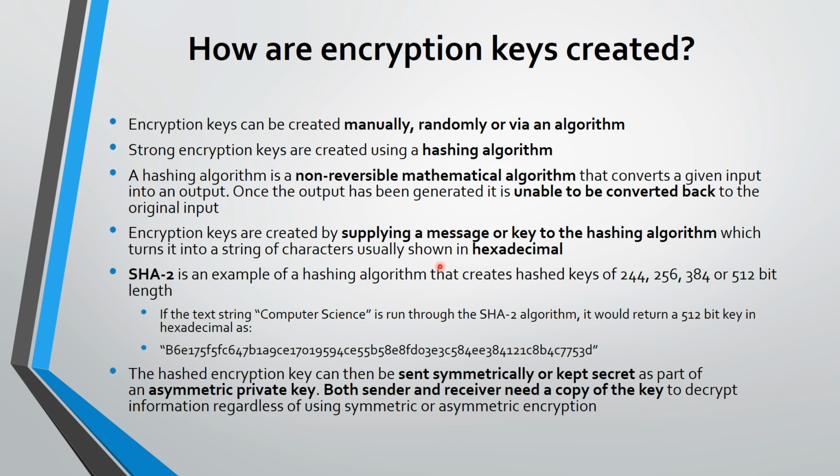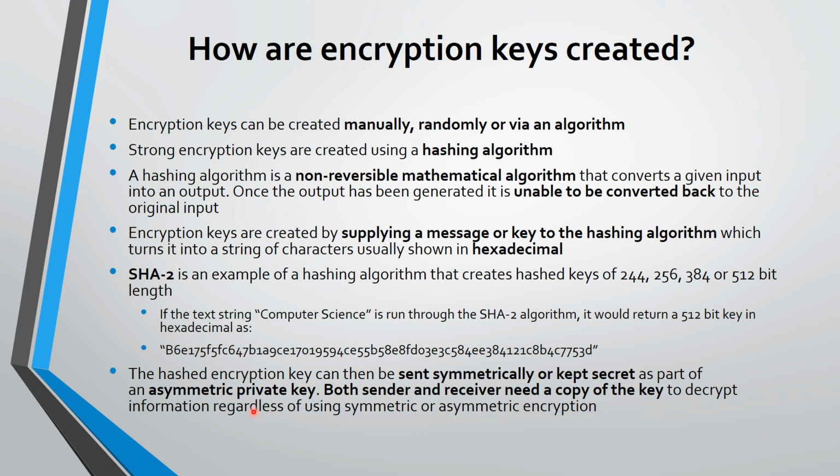So there are multiple hashing algorithm techniques. SHA-2 is one of the most important and commonly used hashing algorithms, and it creates hashed keys of 224, 256, 384 or 512 bits length. If, let's say, the text string "computer science" is run through the SHA-2 algorithm, it would return a 512-bit key in hexadecimal such as this, right?